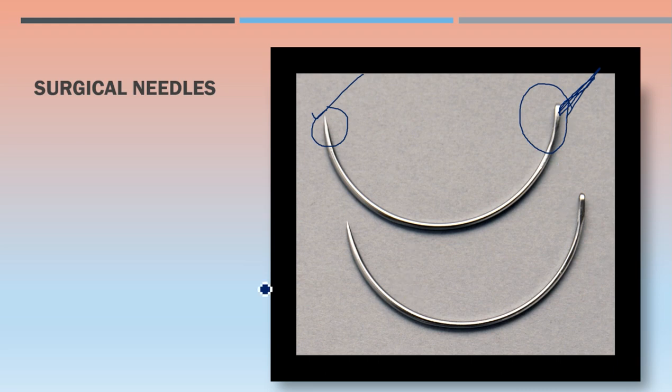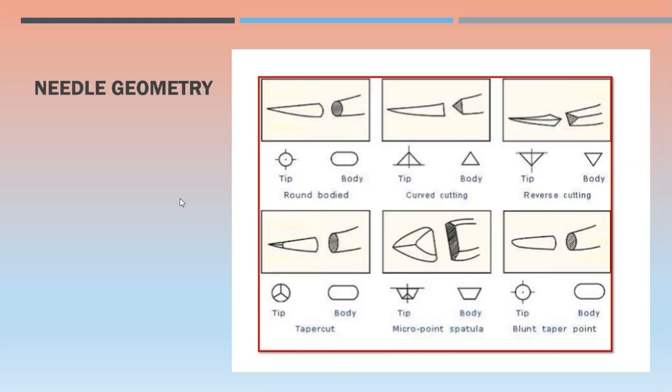Similarly the second one, and there are important things regarding the tip. There are various types of tips of the needle. Let's see, like this. This is known as the round bodied needle, right? The tip is round bodied. Then curved cutting and reverse cutting.